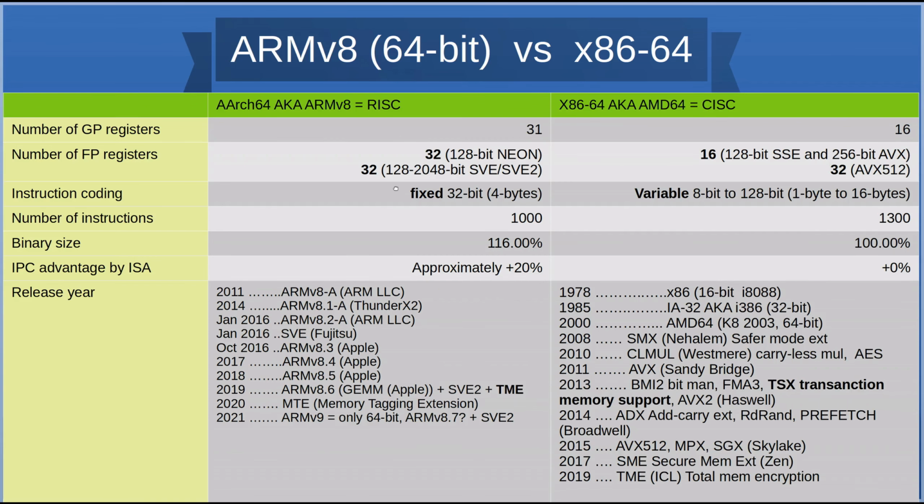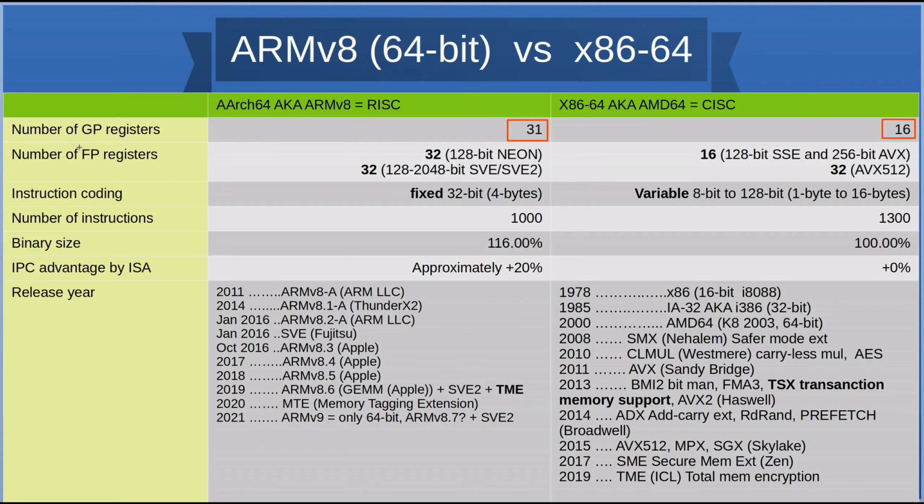This is the summary table, and you can see here that ARM has 31 general purpose registers, while x86 has only 16 of them. That's only half.